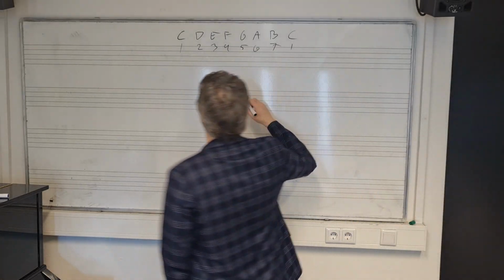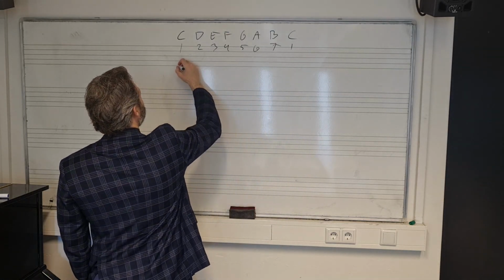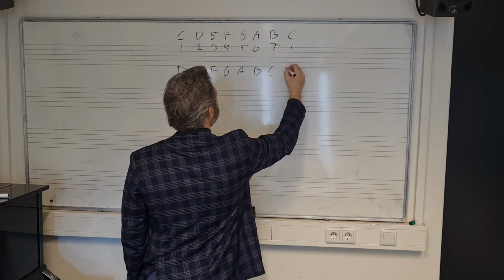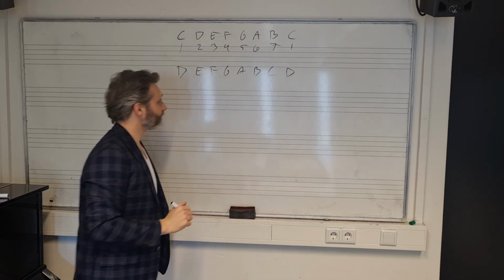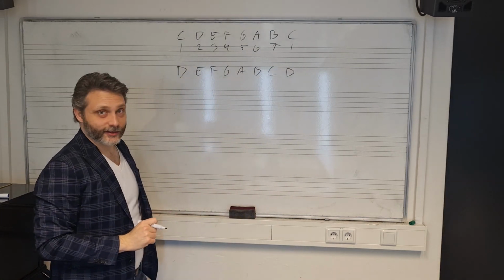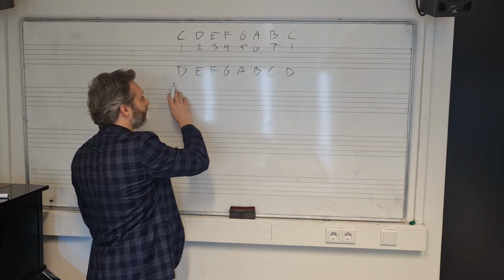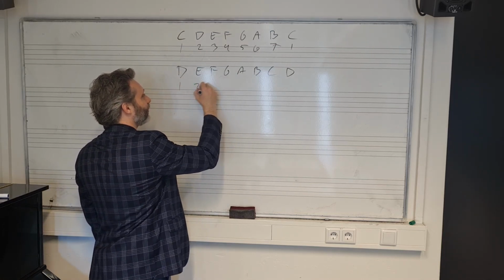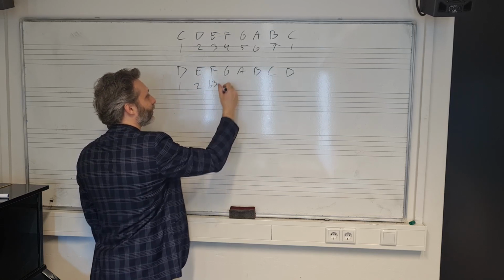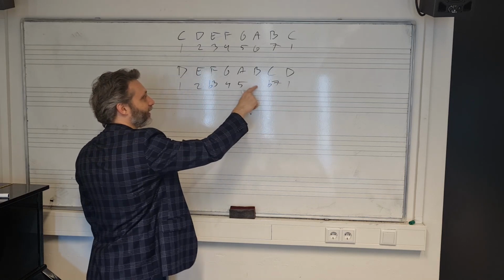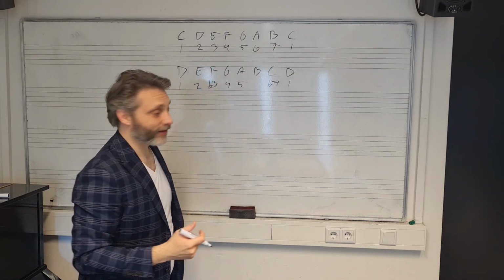Okay, let's say we would take D, E, F, G, A, B, C, D. This scale is new to us. It looks like D minor: 1, 2, with a minor third, and 4, and 5. It also has a minor seventh, but there's no minor sixth.